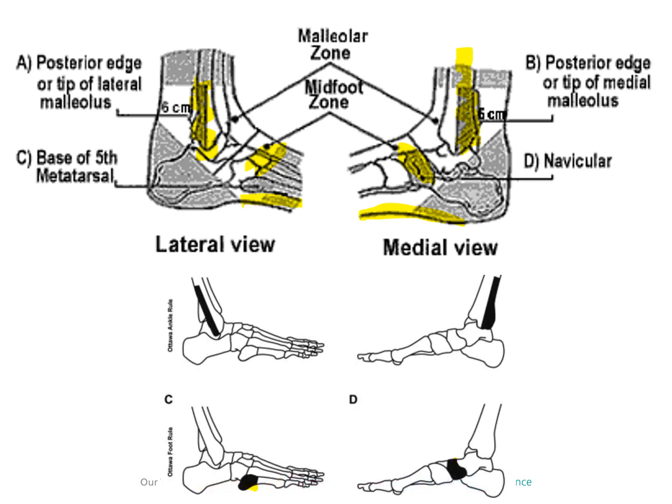So the black areas are where you're going to feel: the ankles, underneath the little toe, and the top of the foot. So any pain when you press any of these areas and the inability to put any weight through that foot then requires an x-ray.